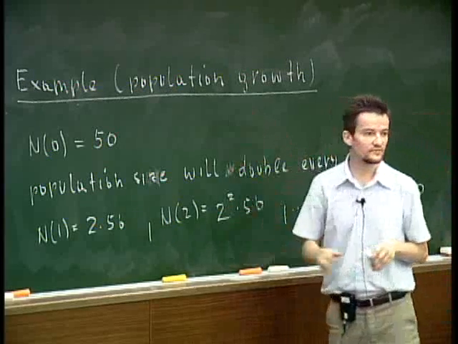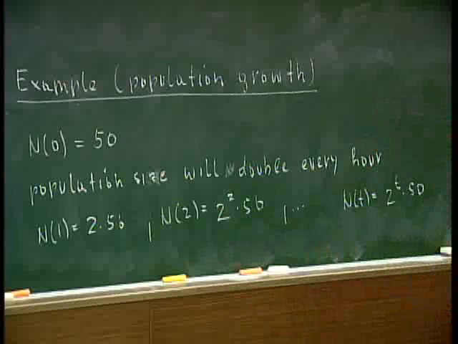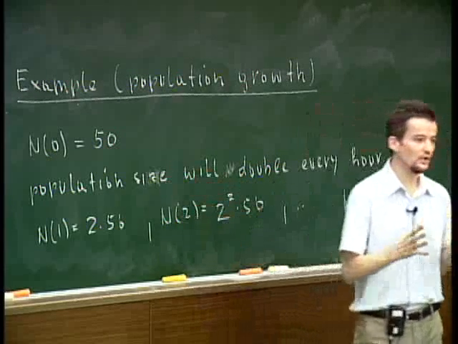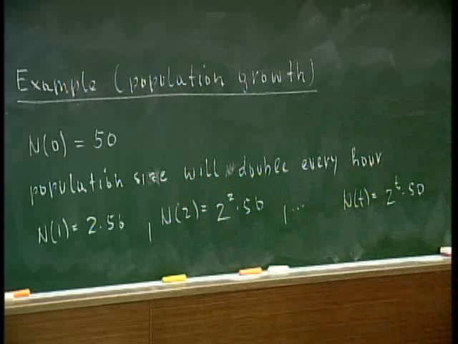Of course, this model is very simple and its application is restricted, because it doesn't take into account that the Earth's space is restricted. Here the model will predict that the population is growing and growing, but after a certain threshold for t, this will not be the case anymore. So this is one example, population growth.